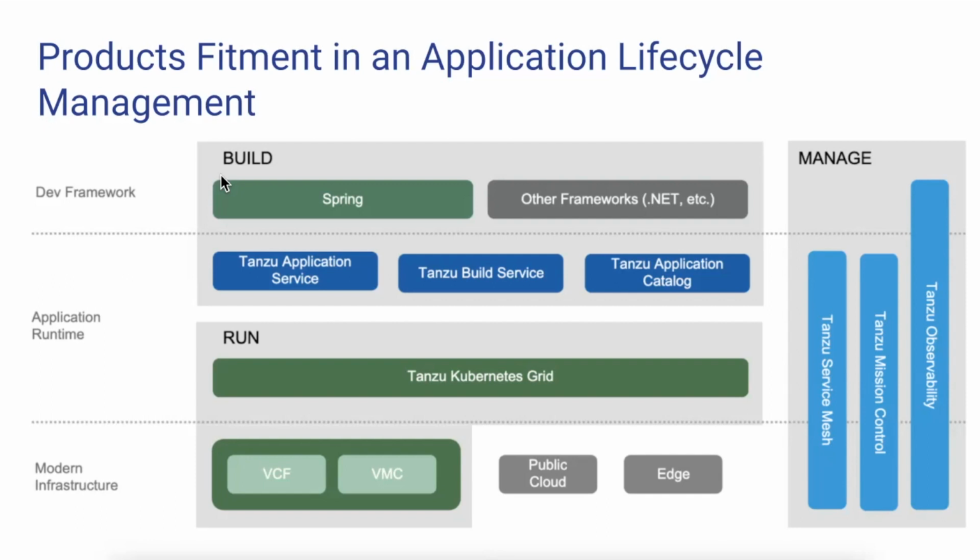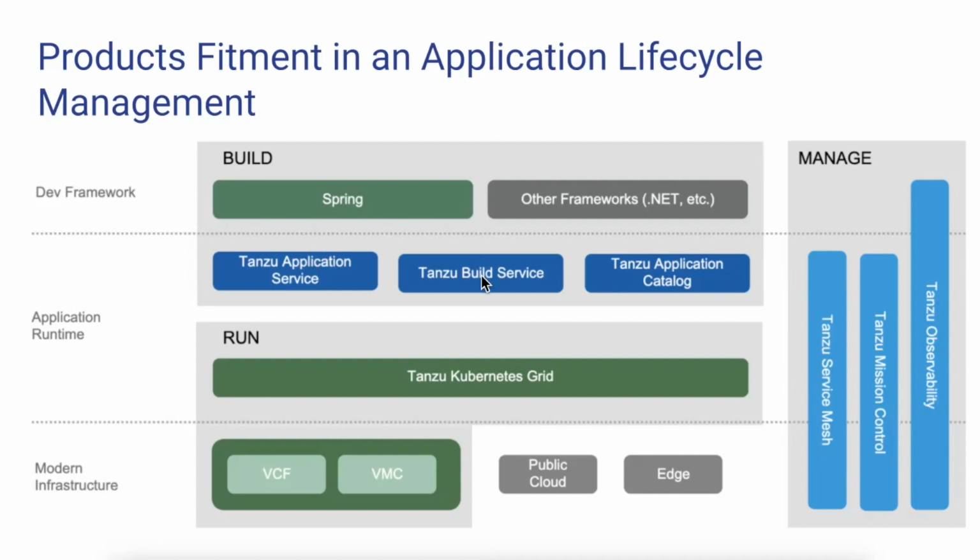And that is where the Tanzu Portfolio provides the Spring framework as a part of it, which developers can start utilizing as soon as possible. The second one is that there are other products that are part of the build story, for example, Tanzu Build Service.